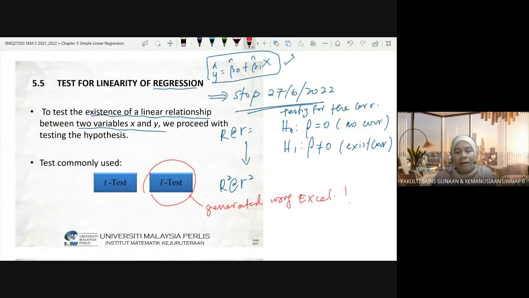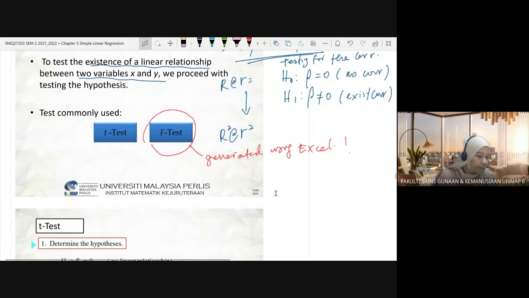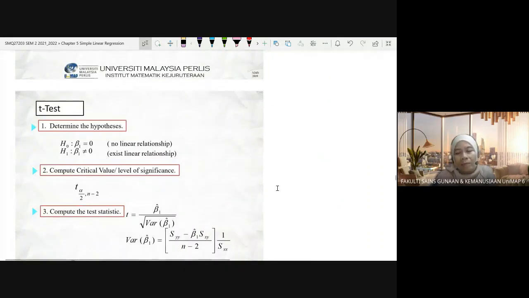Last time, for hypothesis testing for the correlation coefficient, we used the t-test. In this case, for the linearity of the regression, we are using the f-test because it is already generated using Excel.